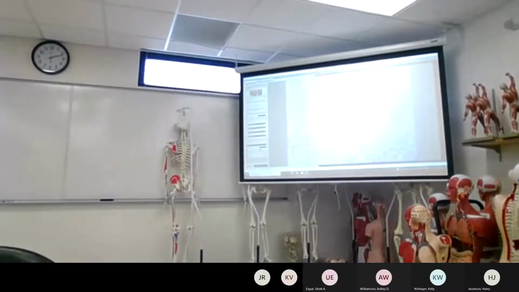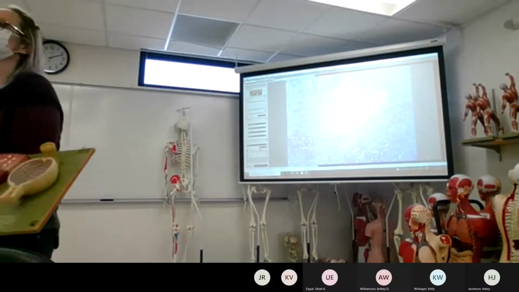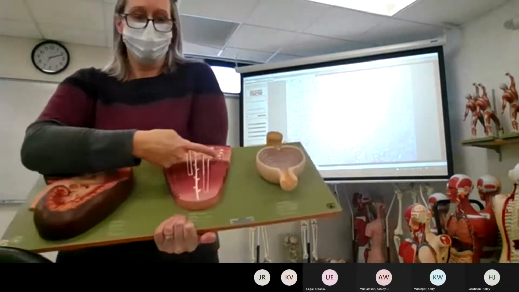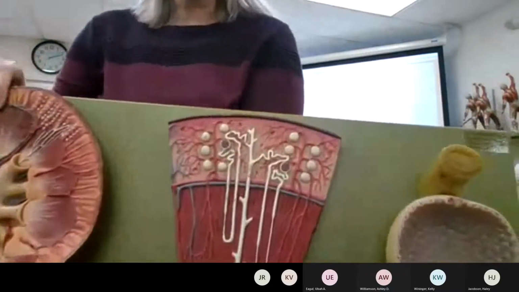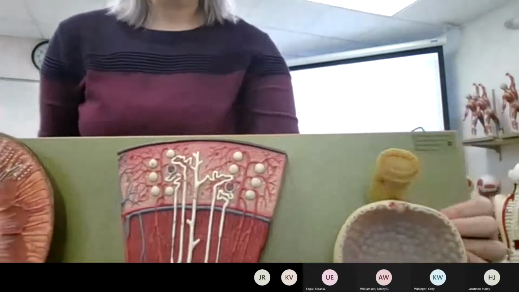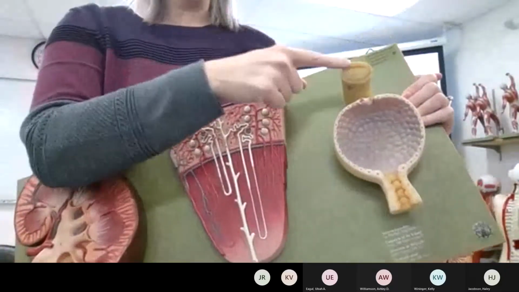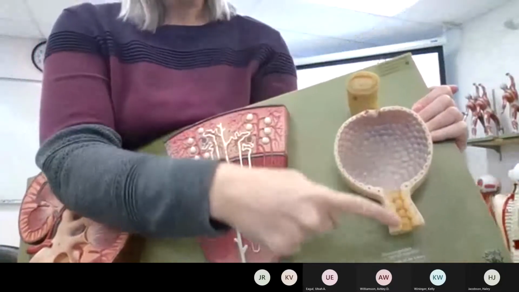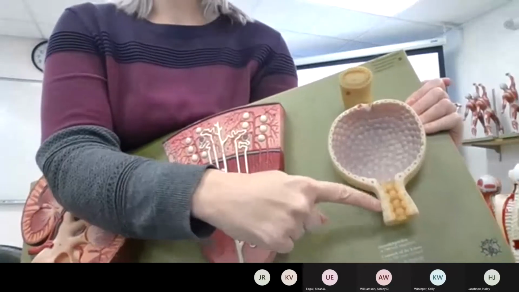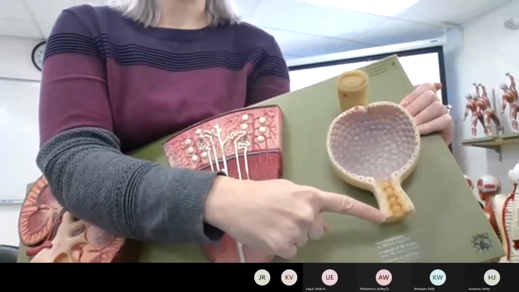So imagine we are looking at, again, cross section of a lot of these tubes. Okay, so what you want to see is in the kidney, many of the tubes of the nephron are going to be lined with simple cuboidal cells.